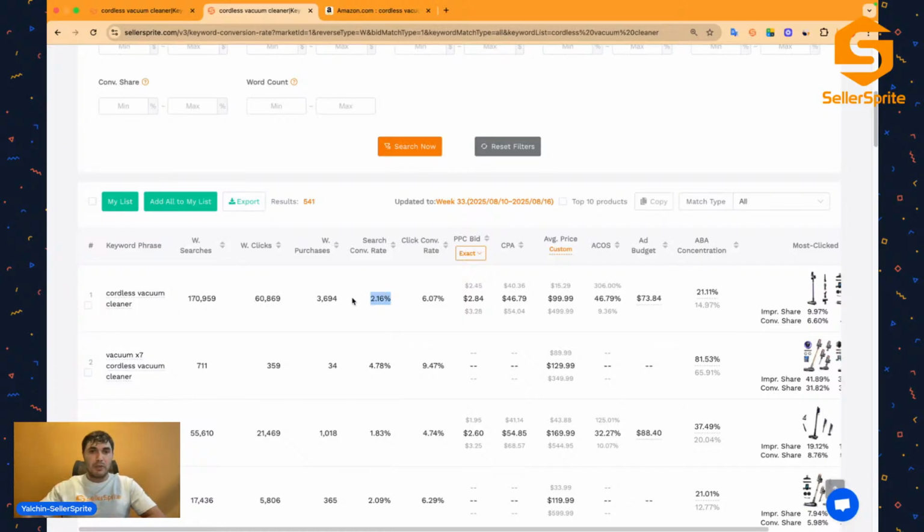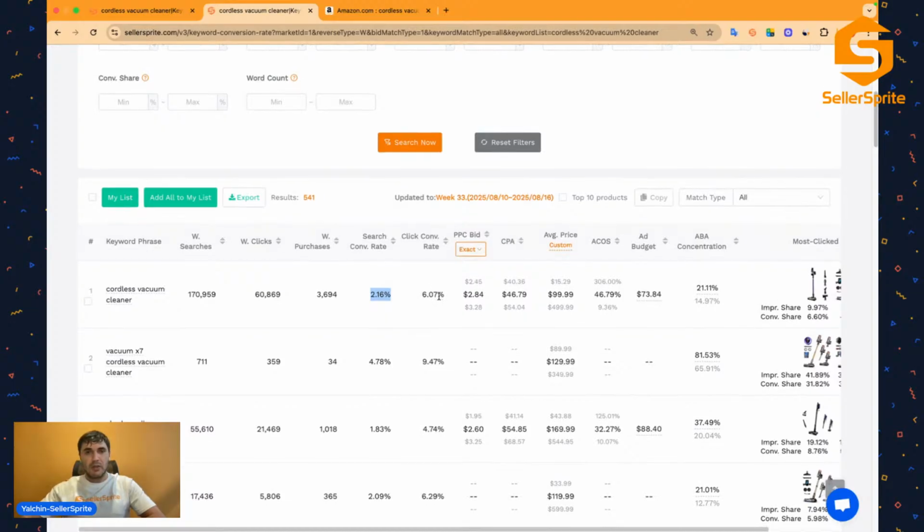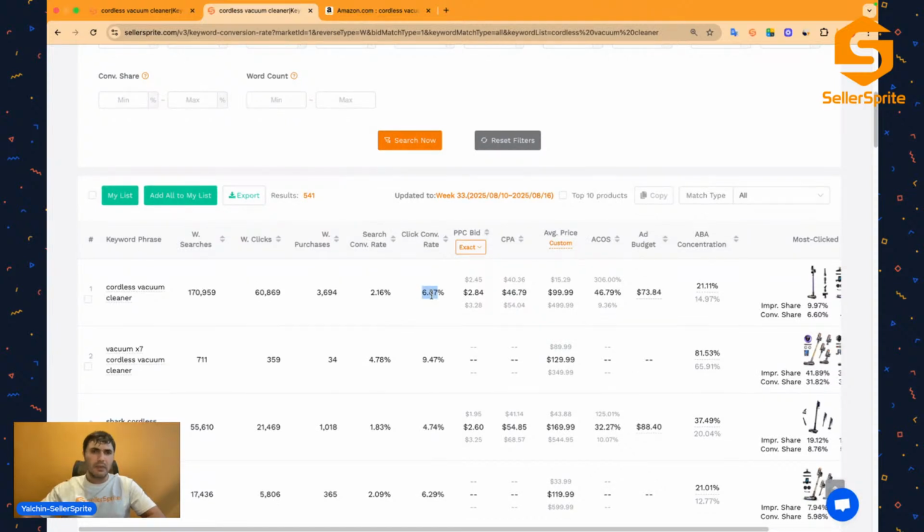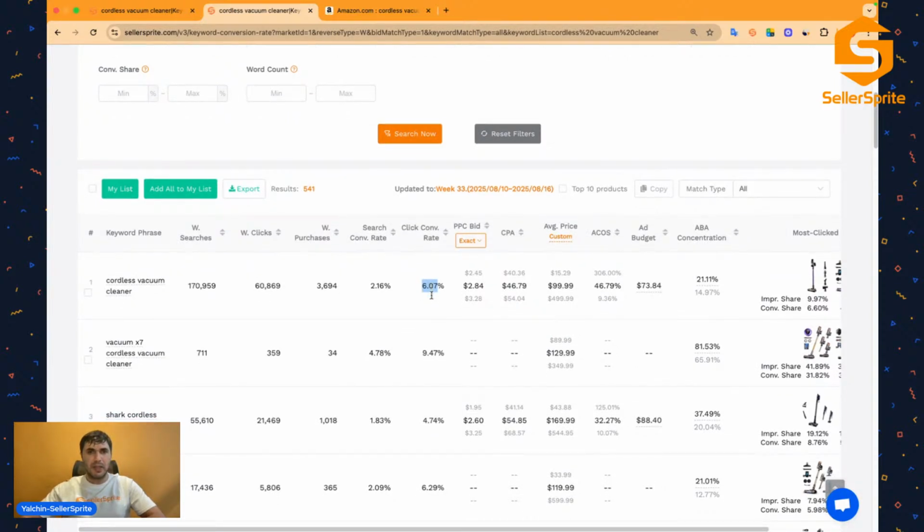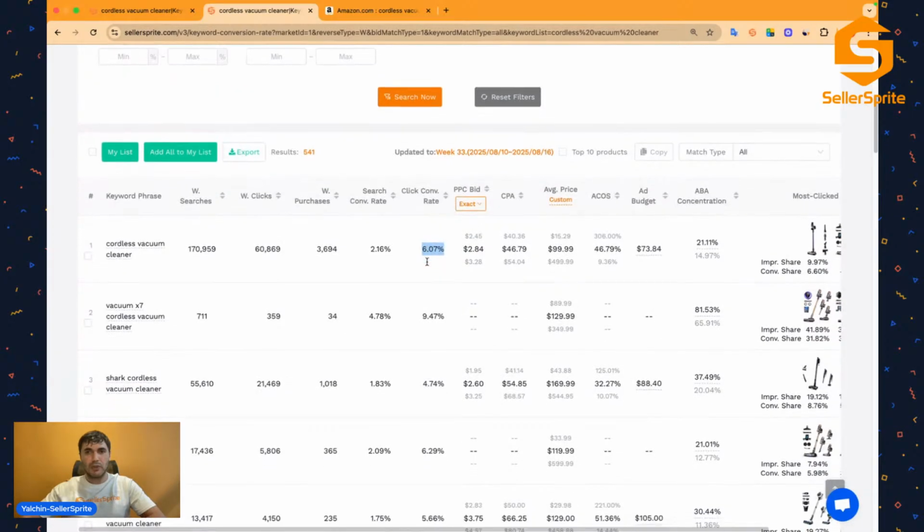When the customer searches any product and they purchase, it's going to be defined as search conversion rate. At the same time, there is click conversion rate. The click conversion rate is most of the time, roughly, twice bigger than search conversion rate.